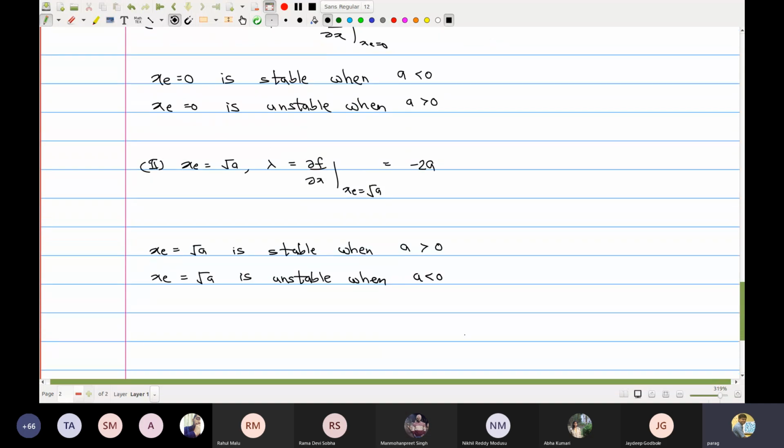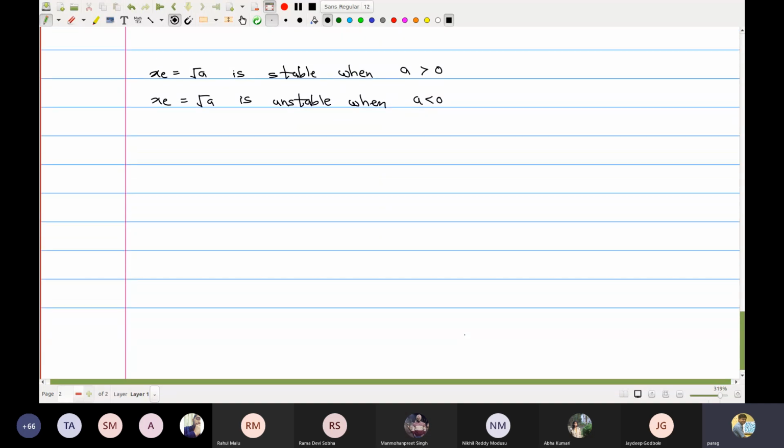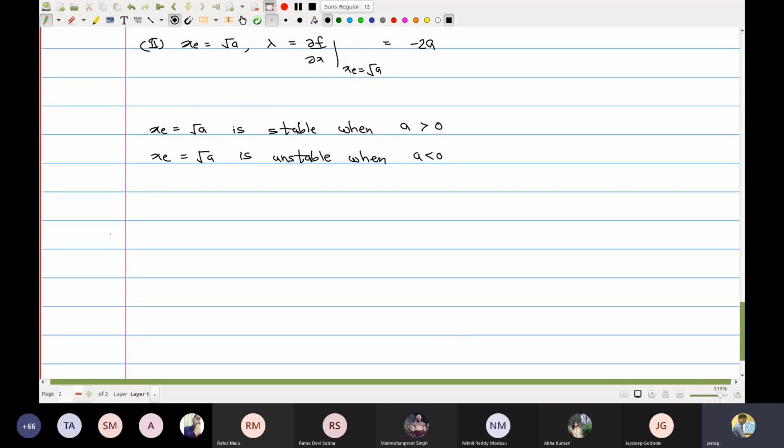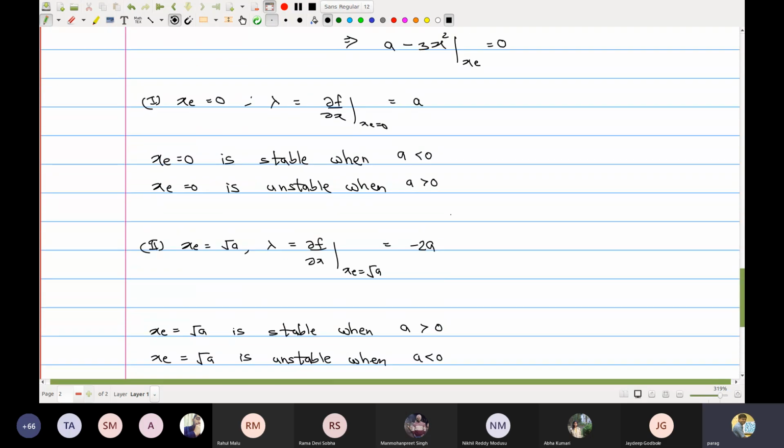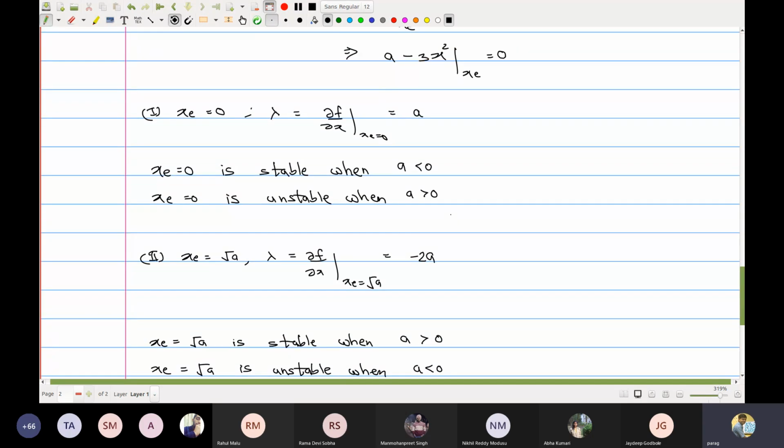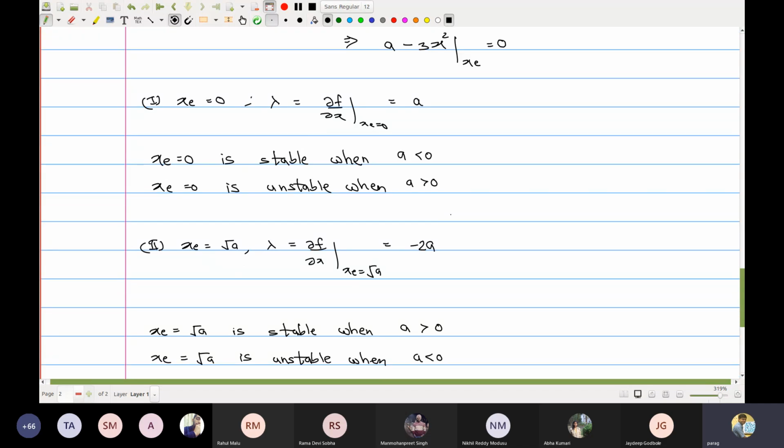Fine. And finally, I have the third condition: xe equal to minus of root a. So lambda will be del f by del x at xe equal to minus of root a, which is well, the same thing. It's x squared, so minus root a squared.